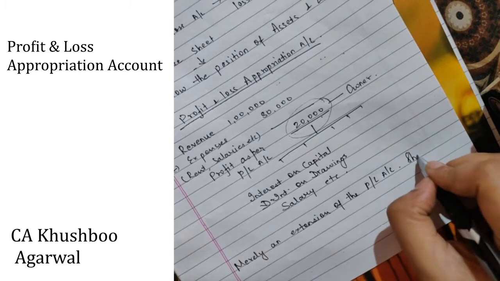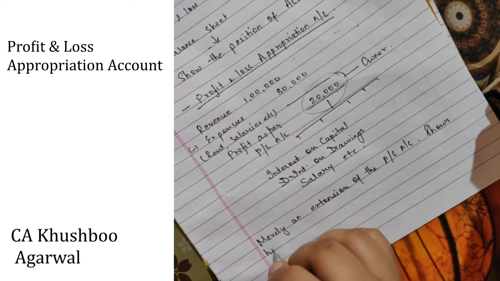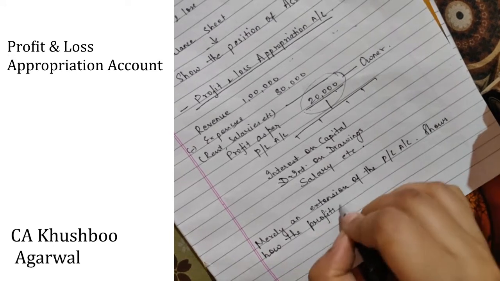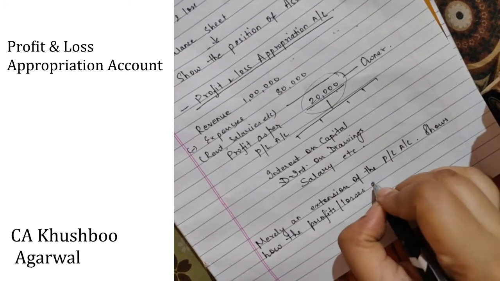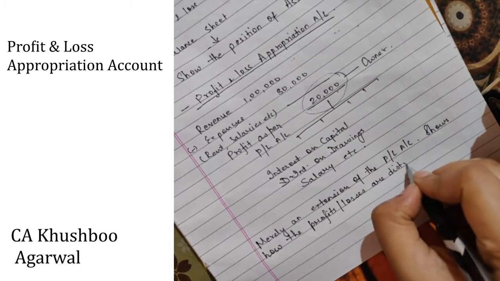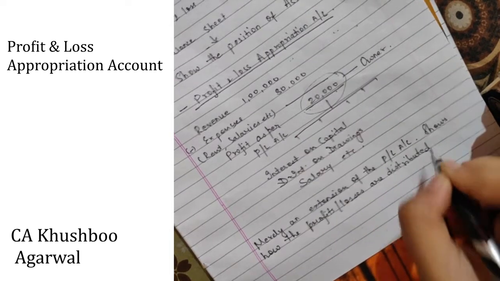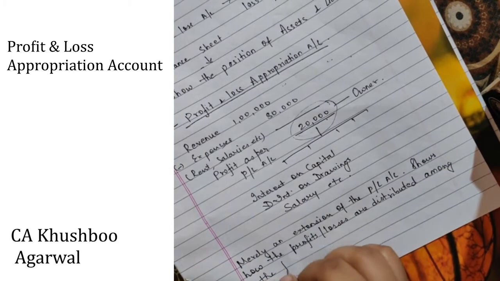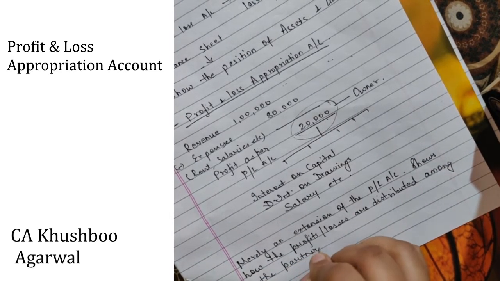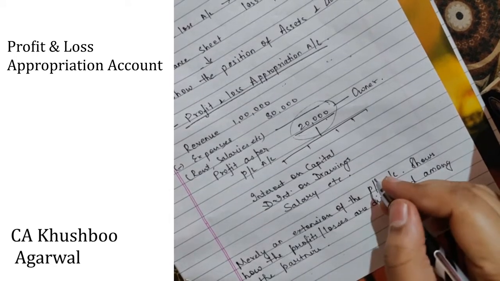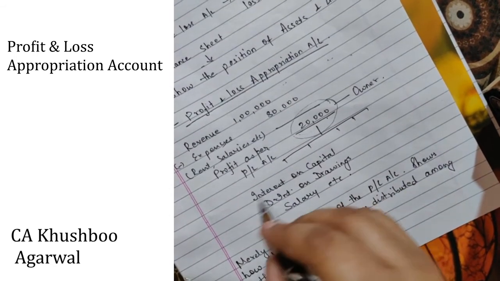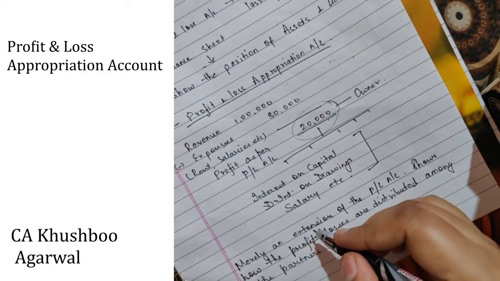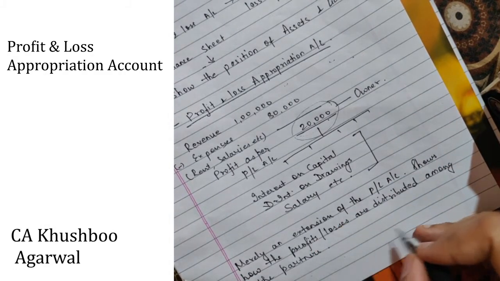It shows how the profits or the losses are distributed among the partners. All the adjustments with respect to interest on capital, interest on drawings, salaries, etc. are routed through this account.